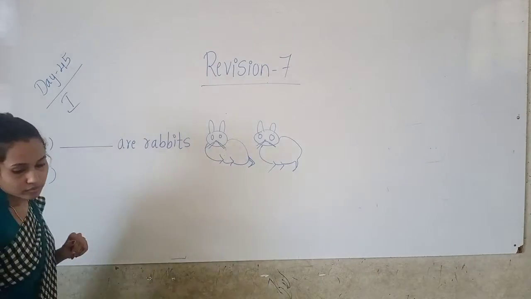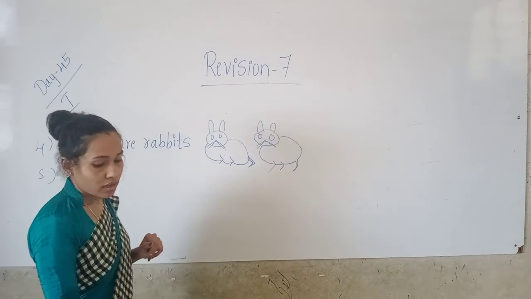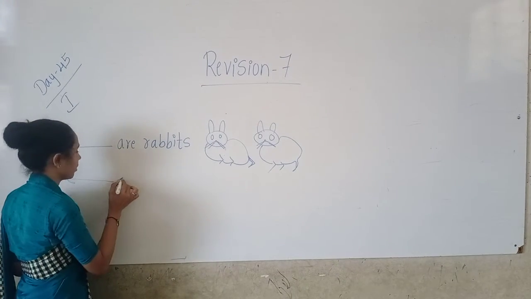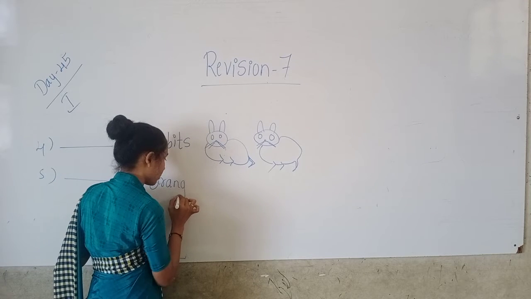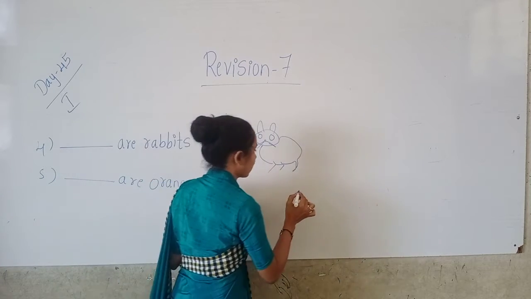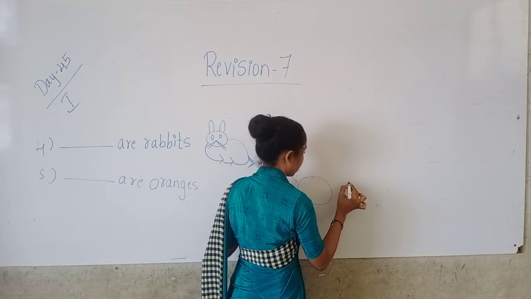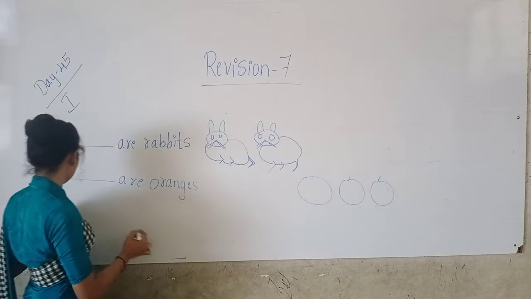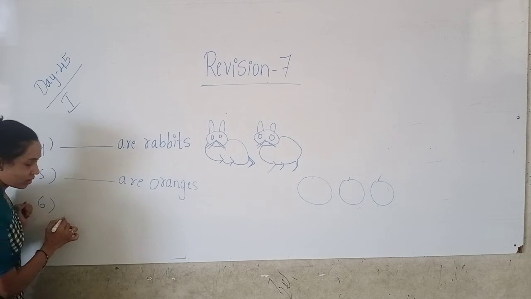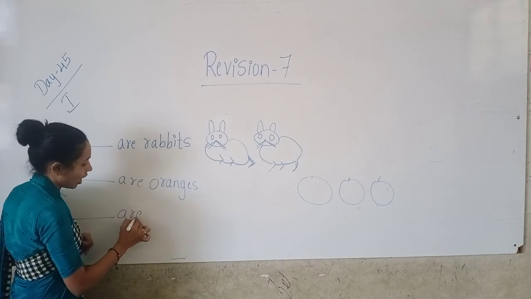Fifth one. Dash are oranges. Okay, children. Next one. Dash are glasses.